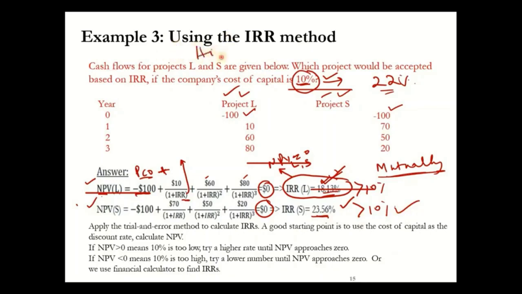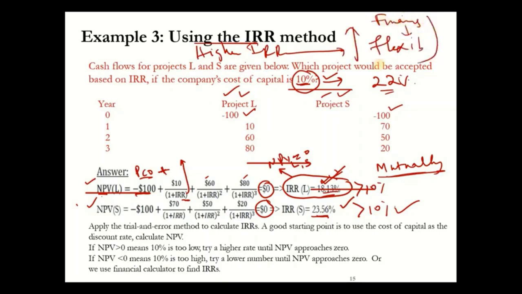Higher IRR means higher flexibility. Which flexibility? Financing. It means if interest rates in the market go high, you can still go for project S. You cannot choose project L, right? If it is 22% or even 20%, you cannot use that.